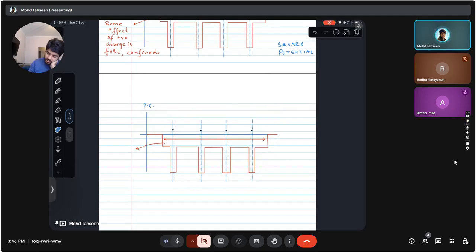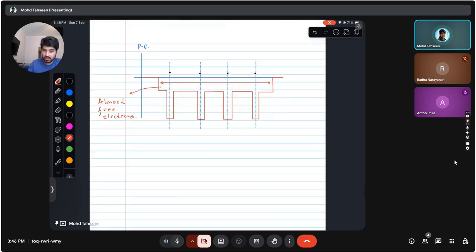So inside this region we call them almost free electrons. Then there's a third region, right? The third region of electrons is this, which are tightly bound to the positive core.